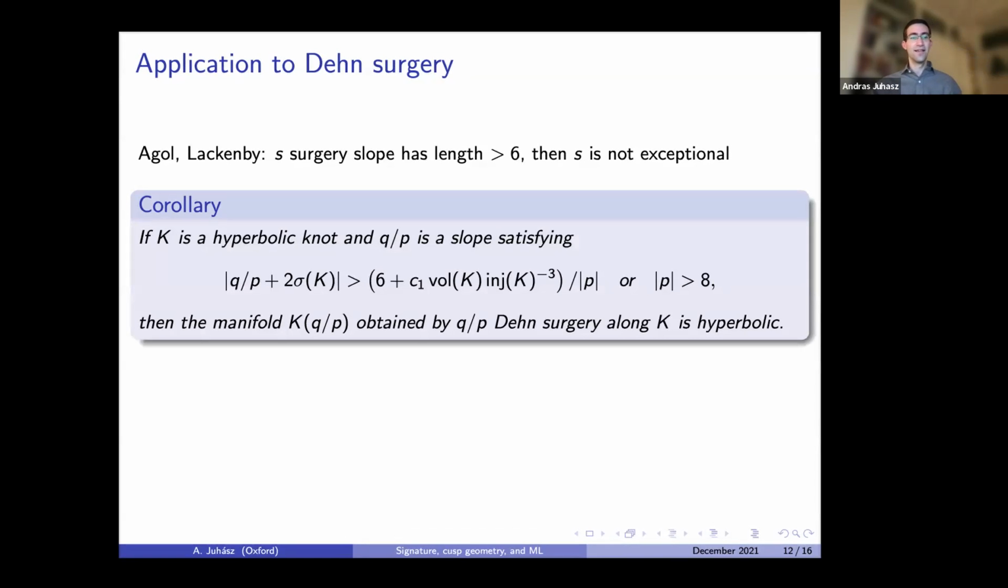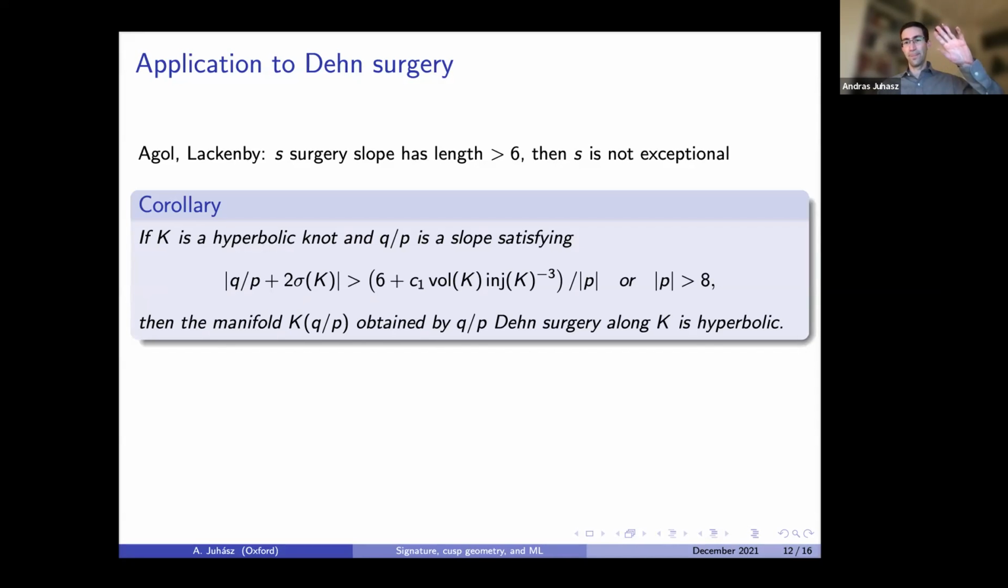And using that, one can show that if K is a hyperbolic knot and p/q is a slope that satisfies this inequality, so it's not too far from the signature, where the error involves the volume and the injectivity radius, and the modulus of p is greater than 8, then p/q surgery along your knot gives a hyperbolic 3-manifold.